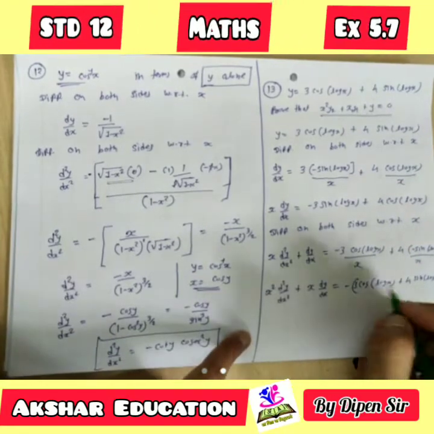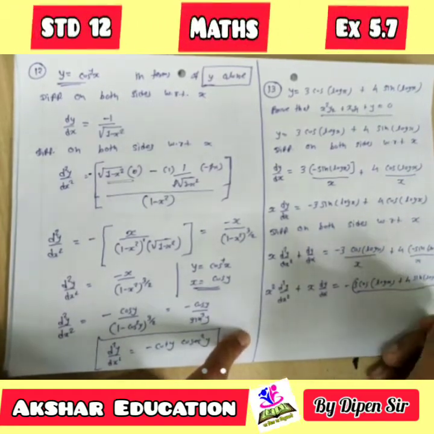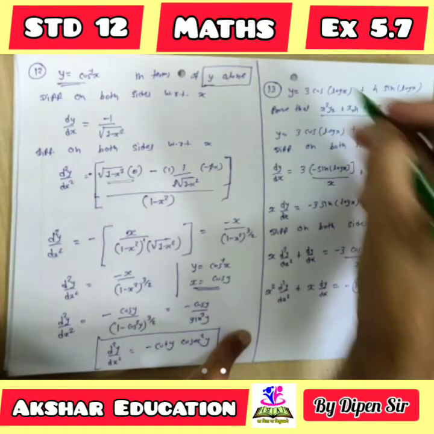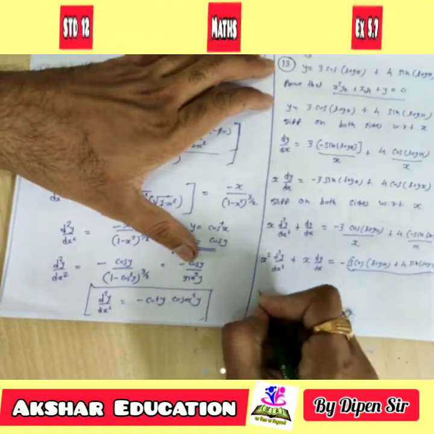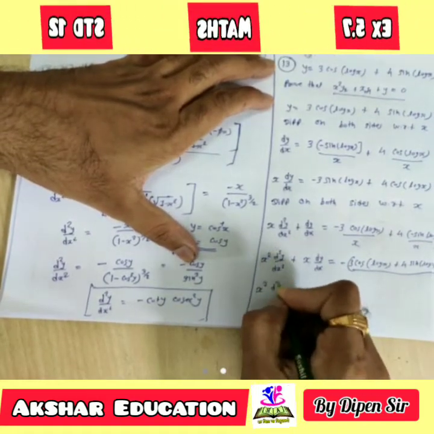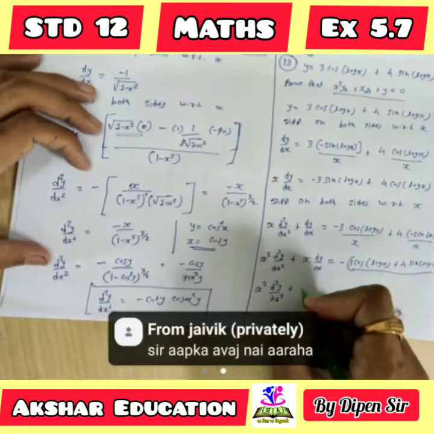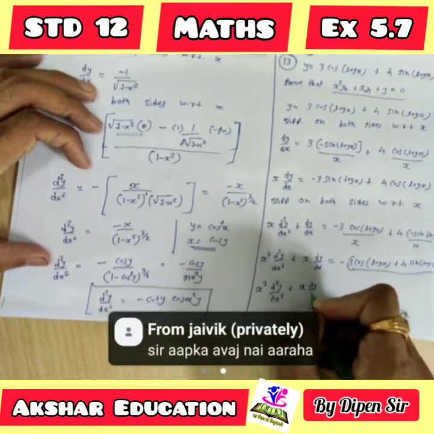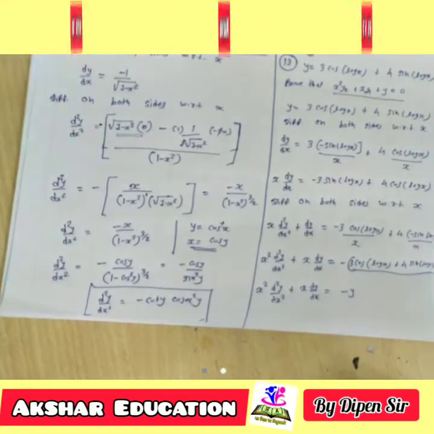Clear? So now you can compare this 3 cos log x plus 4 sine of log x, that is nothing but our y. So putting this value equal to y, this one is x square d square y by dx square plus x dy by dx equal to minus y. Clear?